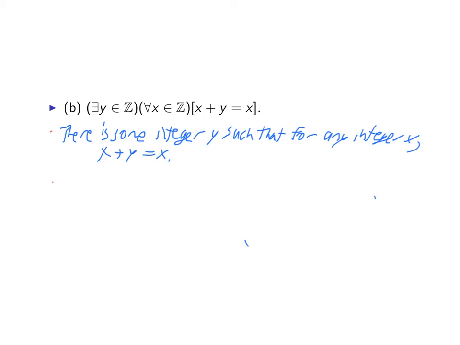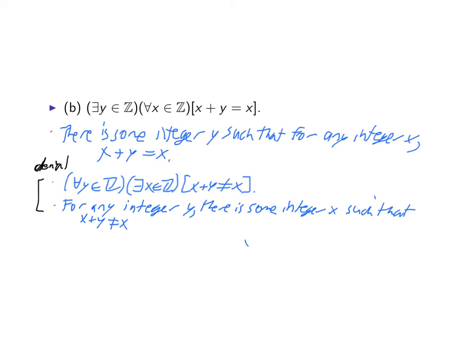Okay, so for useful denial, we have to negate both the exists and the for all and turn them around. So it looks like this. For any integer y, there's an integer x, such that x plus y is not equal to x. There's no y that's neutral under addition for every x. Or you could say it like this. For any integer y, there's some integer x, such that x plus y is not equal to x.